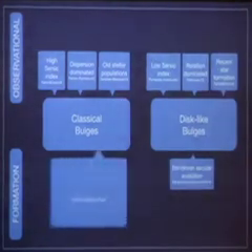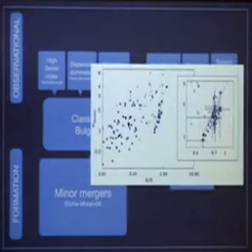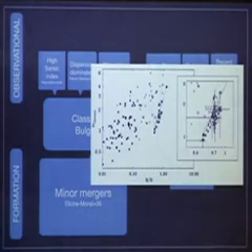And finally, minor mergers can also contribute to the formation of classical bulges. These are simulations from Eliche-Moral in 2006. This is the Sersic index as a function of the bulge to disk ratio in this case. If you look here at the inset, the original galaxies are these three over here.